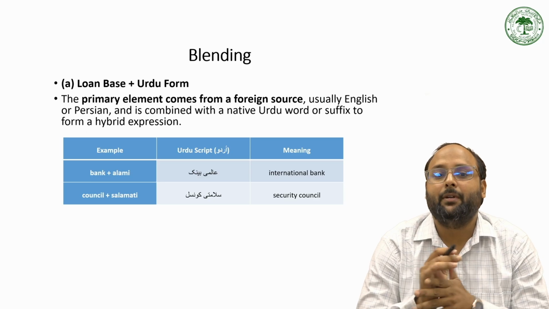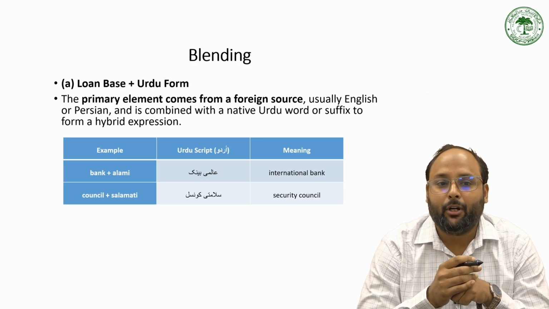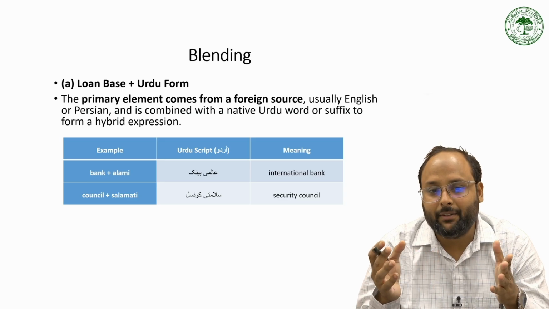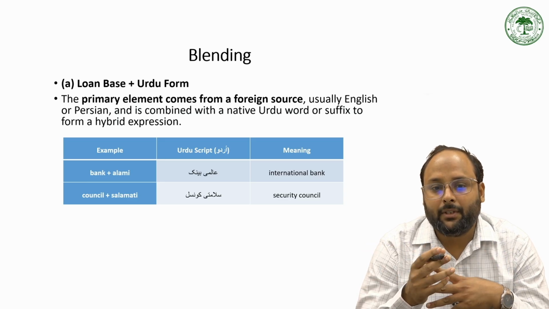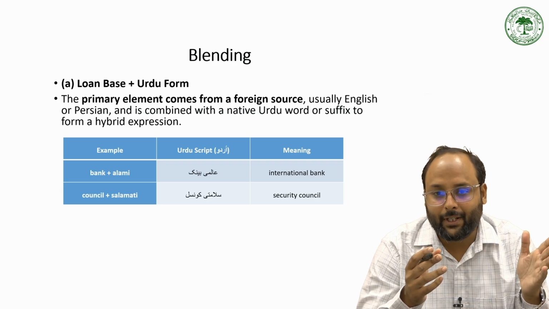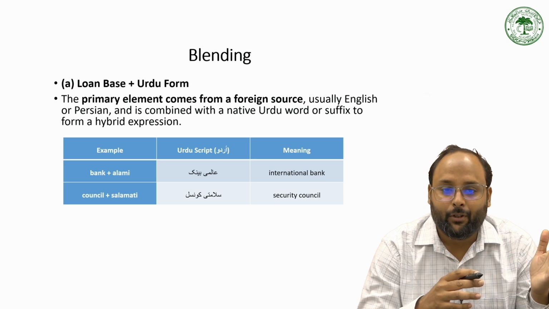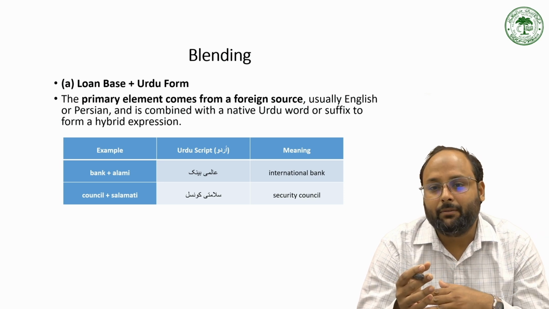So we have examples of blending from the loan base and Urdu form. That is the Alami Bank we have already discussed, and the Salamati Council. It is for the Security Council. Or for international bank we use Alami Bank. So bank is from the foreign language and Alami from the native language. Council is from the foreign language and Salamati is the native word.